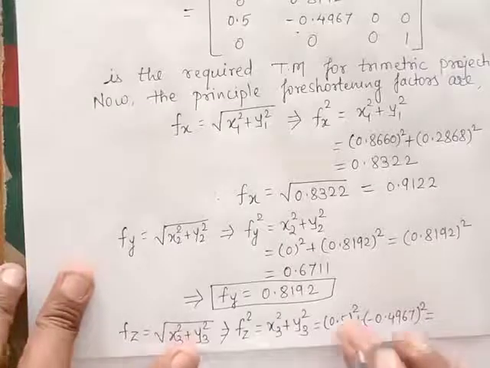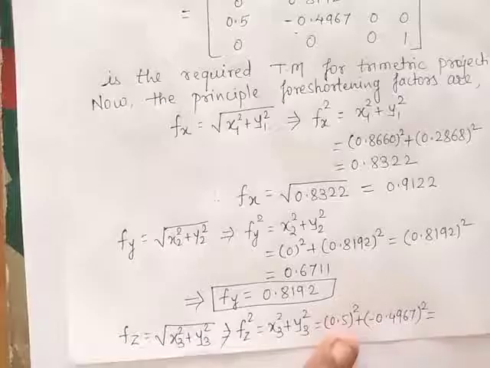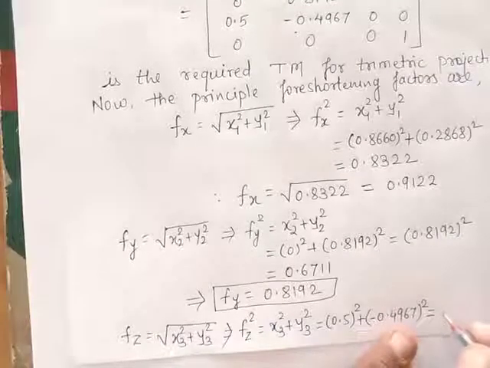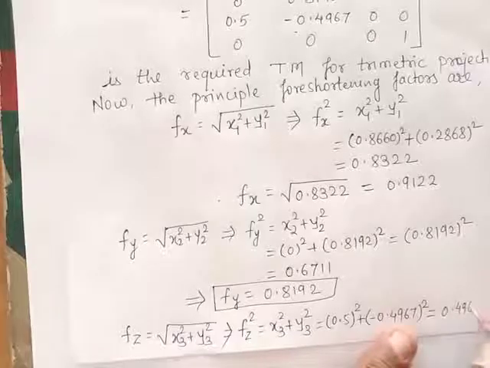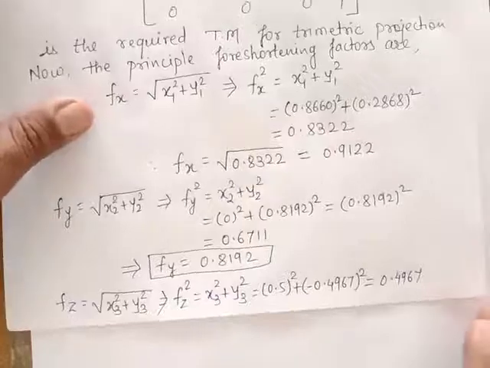What is that addition? That addition is 0.4967. So what we get, fz will be, what is fz then?